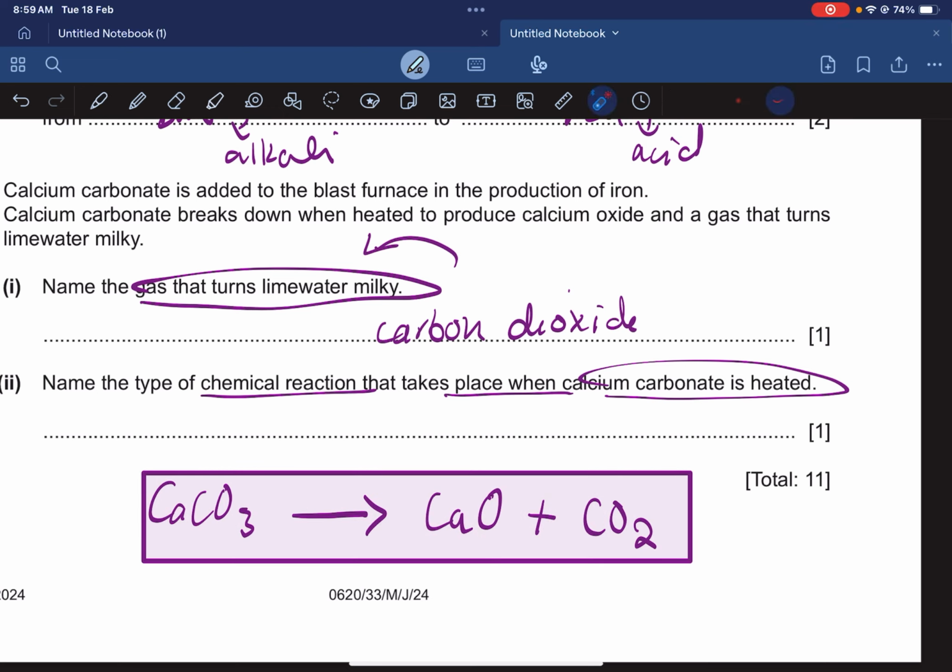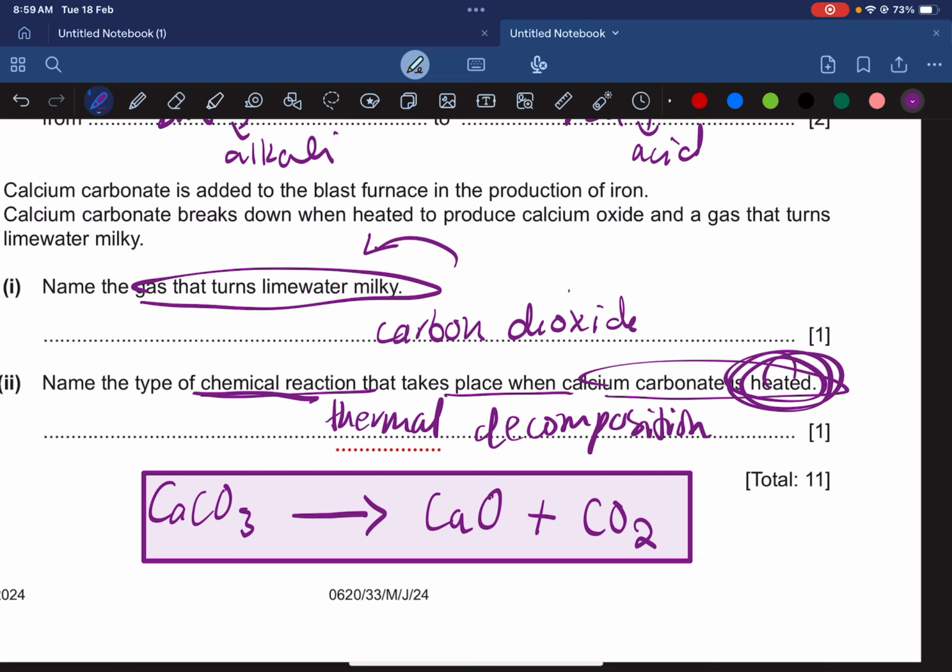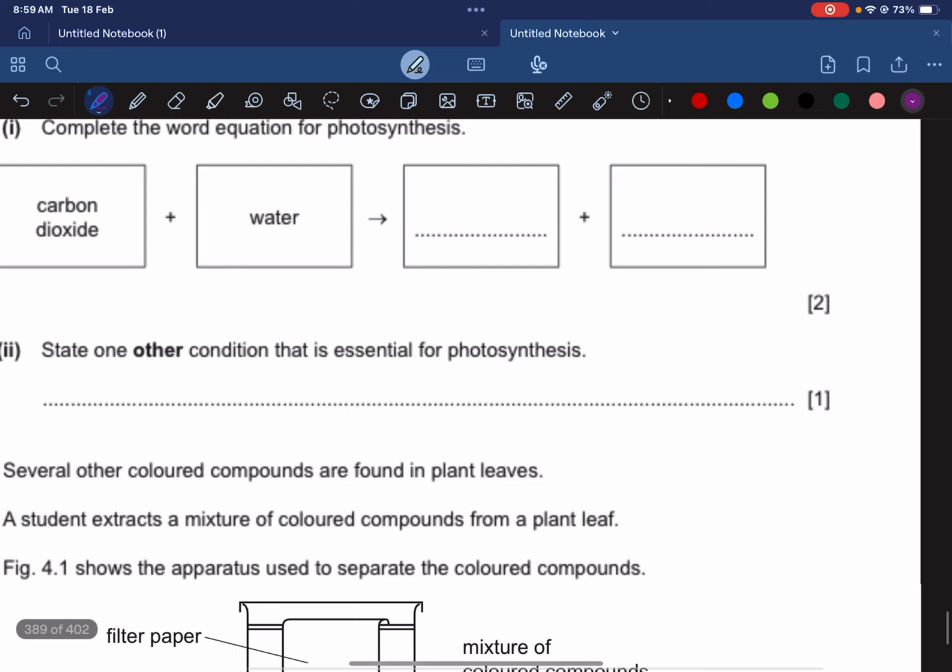So the type of chemical reaction is thermal decomposition. Why thermal? Because we are providing it with heat. It is heated, that is why it is going to be thermal decomposition.